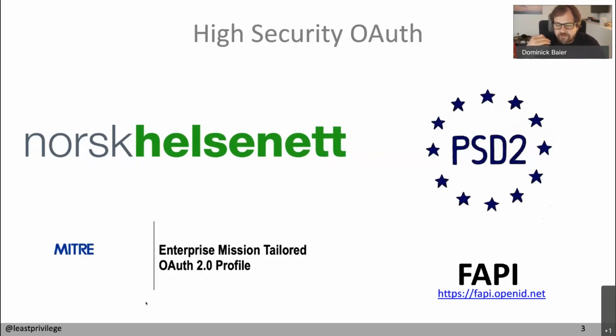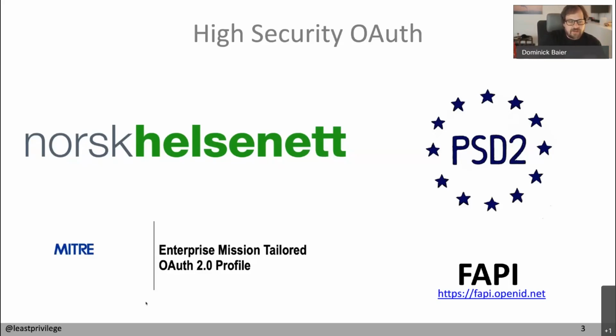So the FAPI working group at the OpenID Foundation created a more secure profile for OAuth and OpenID Connect. I am myself involved in similar work for the Norwegian HealthNet. Same idea: we are applying OAuth and OpenID Connect for the healthcare sector and added certain requirements because we need more security than what you can find in the plain specs.